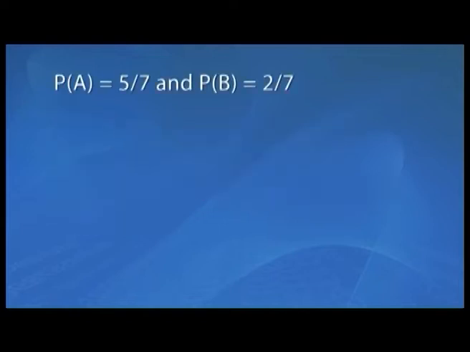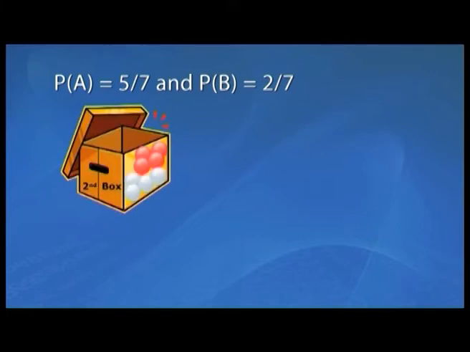Then probability of A is equal to 5 by 7. Probability of B is equal to 2 by 7. If one white ball is transferred to the second box, then there will be 4 white and 4 red balls.